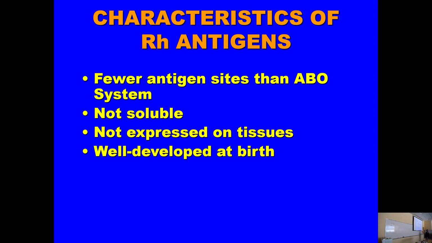These are well developed at birth. So remember, the ABO antigens become more developed as the little i branches and becomes big I. These antigens are well developed immediately at birth because they're integrated into the red cell membrane. Very immunogenic. Low dose, high probability of causing a problem.